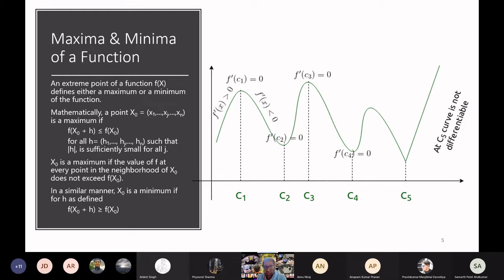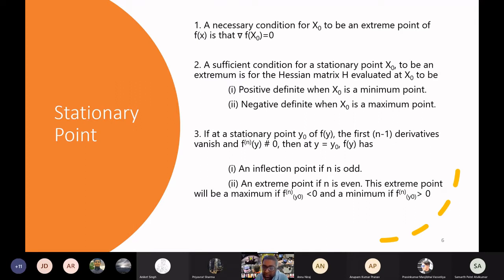But here we can also look at higher degree polynomials, and at the same time functions with multiple variables. Here is the theorem: a necessary condition for x0 to be an extreme point of f(x) is that del f(x0) equals 0. That means the gradient is equal to 0, or parallel to the x-axis when it is two-dimensional. In a higher dimensional space, we may not say the x-axis, but del f(x0) equals 0. That is fine.